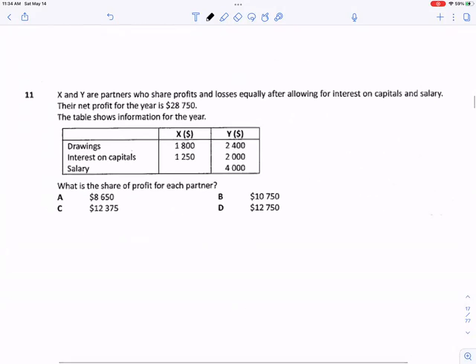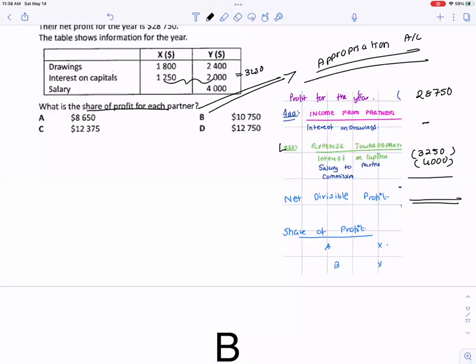Okay, try this. I'm putting it on pause. I think it is B. You already showed the answer. I'm also calculating. 21,500 is divided between two partners, right?